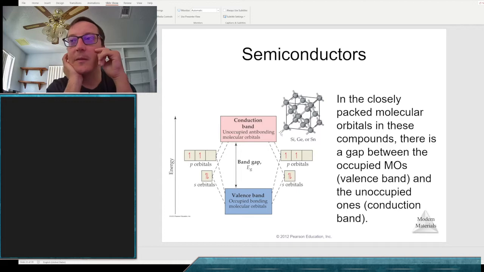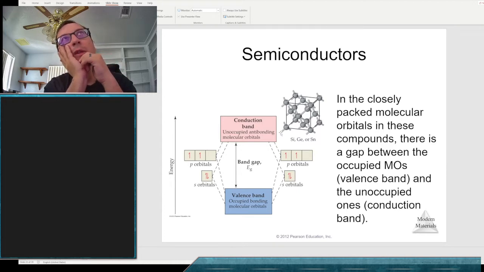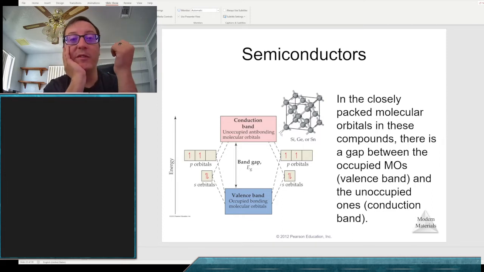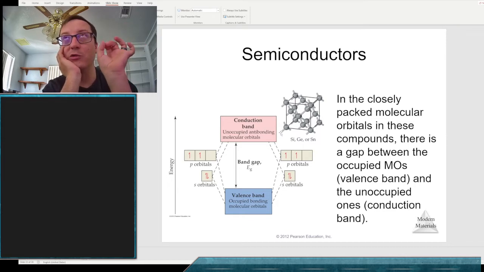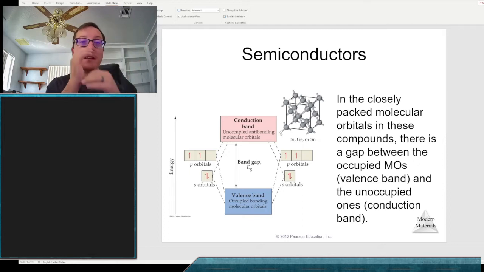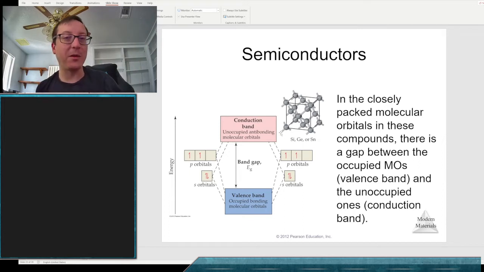And an electron volt is roughly 100 kilojoules per mole, just so you can have a frame of reference. The about 3.5 electron volts that makes something an insulator, that's about 300 kilojoules per mole.